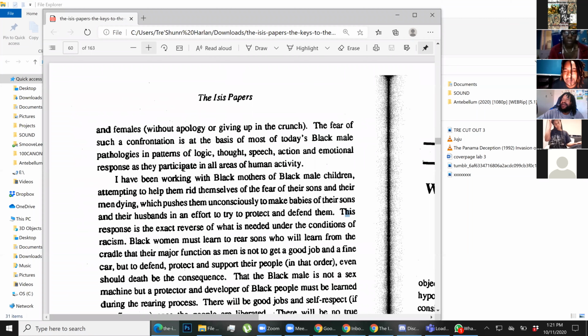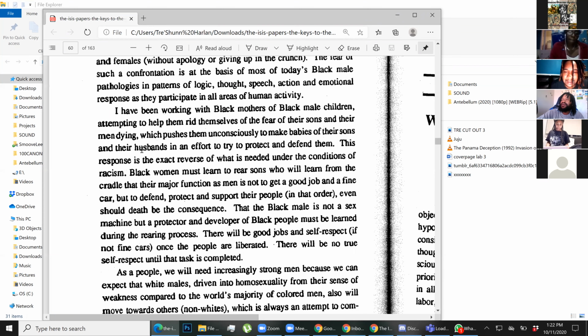I have been working with Black mothers of Black male children, attempting to help rid them of their fear of their sons and their men dying, which pushes them unconsciously to make babies of their sons and their husbands in an effort to protect and defend them. This response is the exact reverse of what is needed under the conditions of racism. Black women must learn to rear sons who will learn from the cradle that their major function as men is not to get a good job and find a car, but to defend, protect, and support their people, in that order, even should death be the consequence.